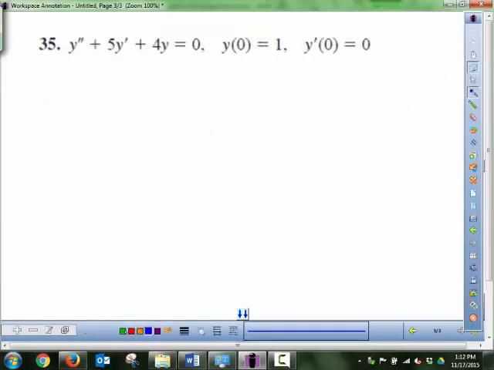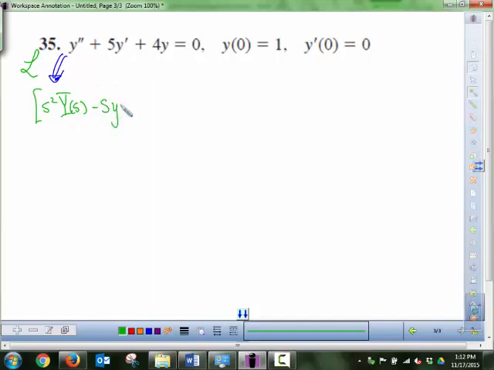I think it starts off as s squared Y of s, and then you start bringing the power down, s to the first power times y of 0, minus s to the 0th power times y prime of 0.